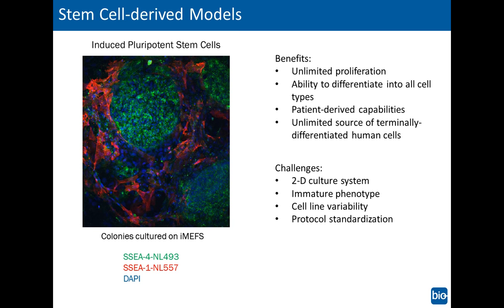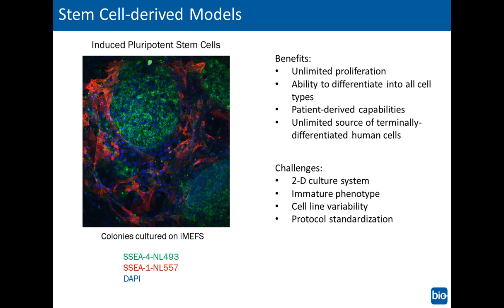But really the benefits of stem cells are their characteristics that define them: their ability to proliferate in an unlimited manner, and their ability to differentiate into all cell types of the body. Combining these two facts together makes them able to provide an unlimited source of terminally differentiated human cells for use in disease modeling and toxicology.